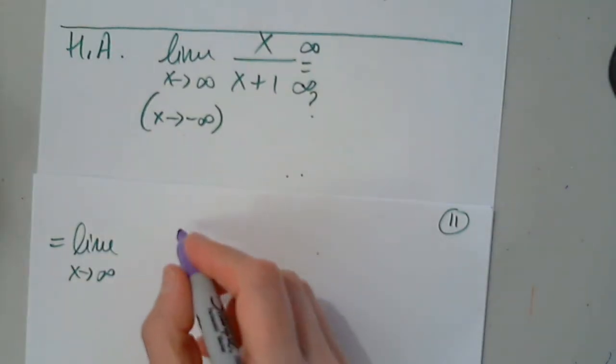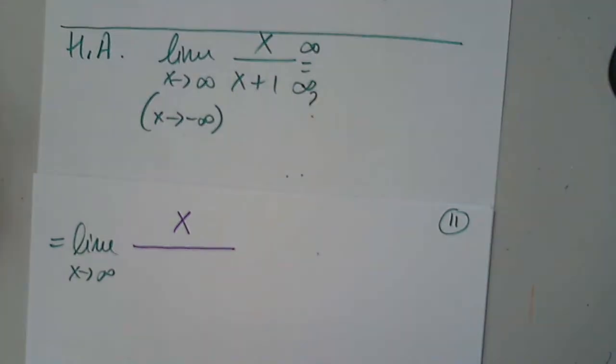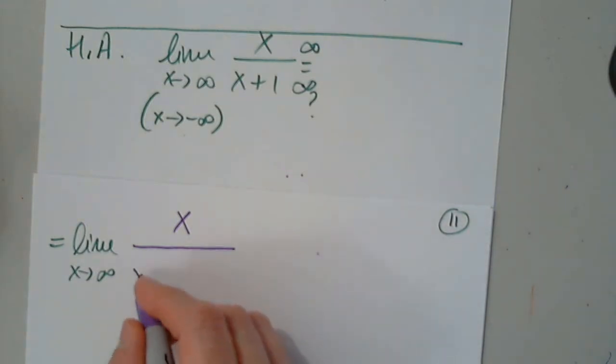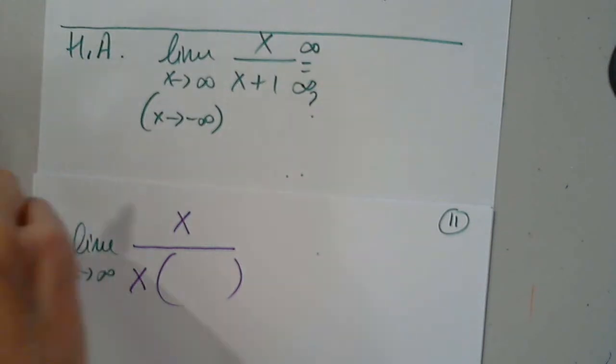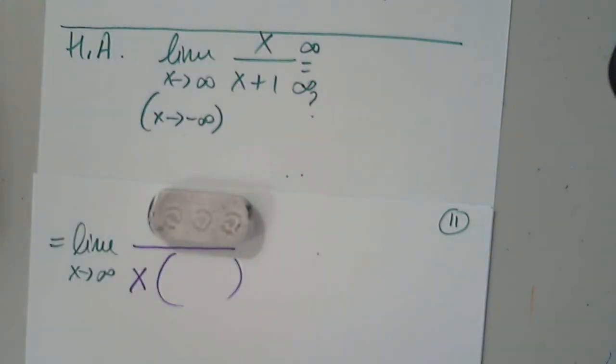There is nothing that I can do to the top, though, because it's already factored. What is the degree of the denominator? 1. Good, I have to factor it out. I saw some of you multiplying and dividing by the same thing.